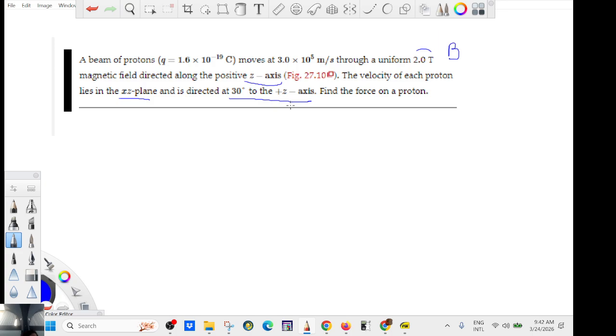So let's try to... we want yz. Y and z are involved. No, xz.